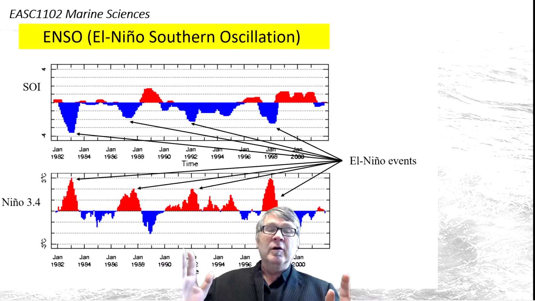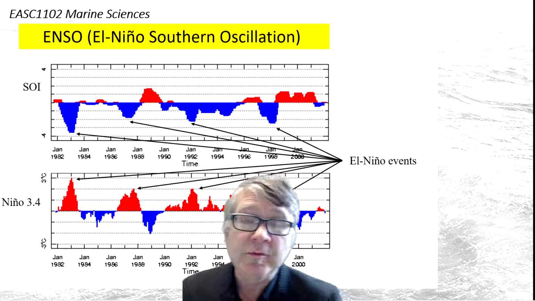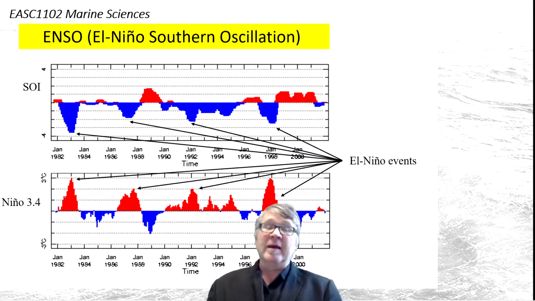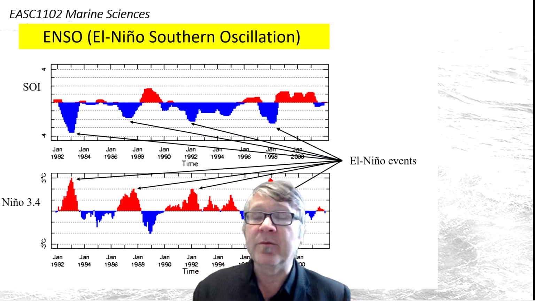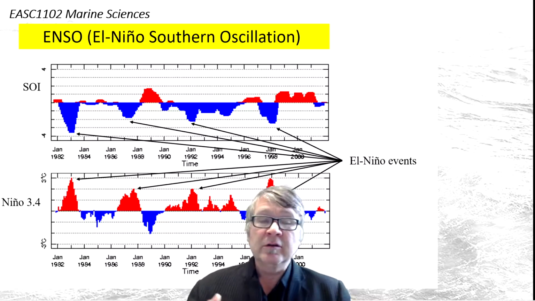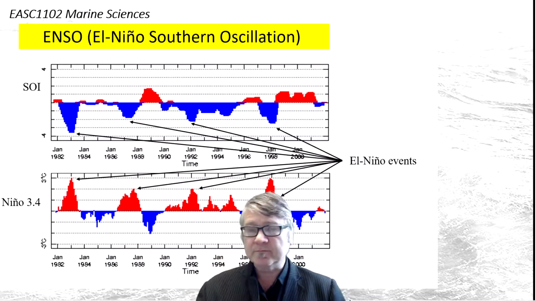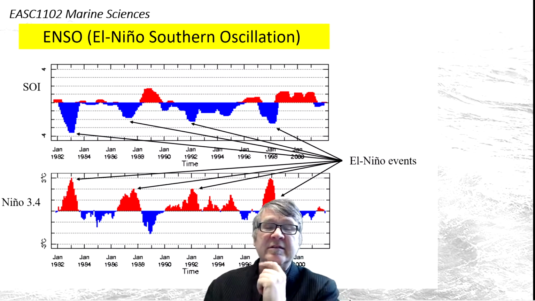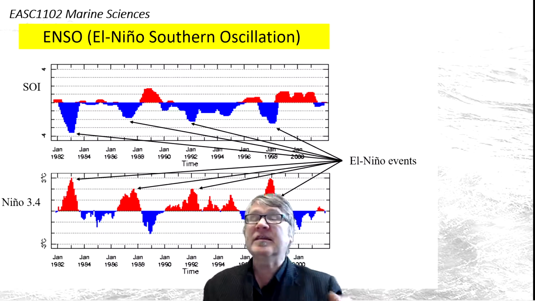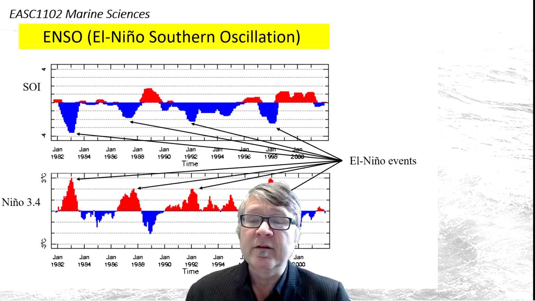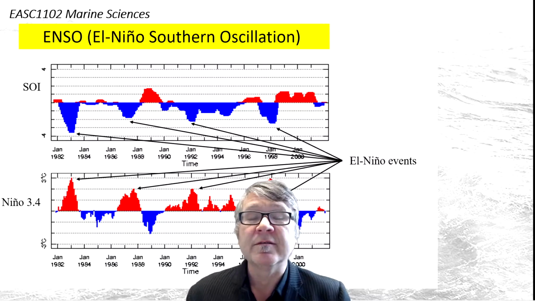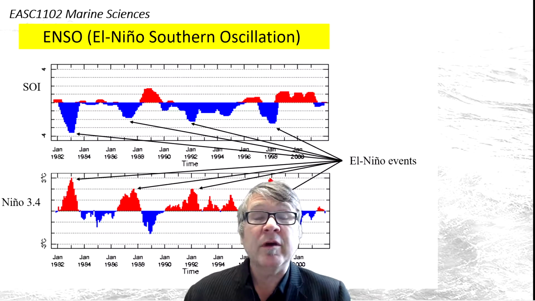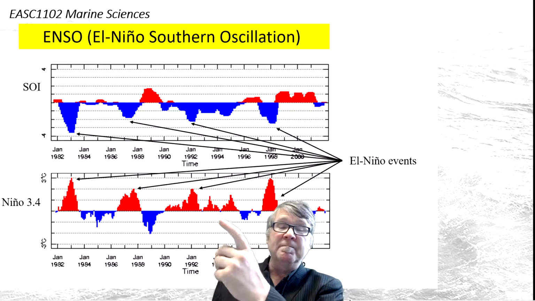And this is how the time series of these two indices look. These are time series from 1982 to around 2010. You can see the SOI, Southern Oscillation Index, at the top. See that it changes from negative values to positive. You can also look at the Niño 3.4 index, shown here at the bottom.